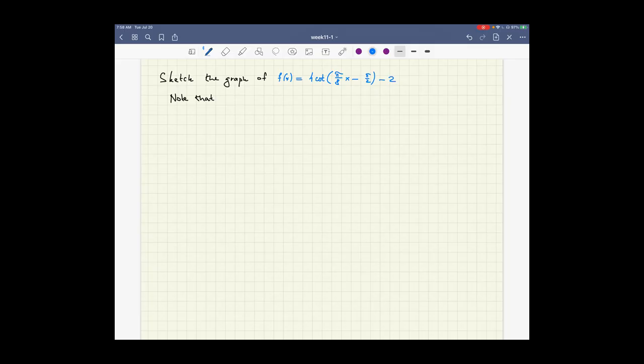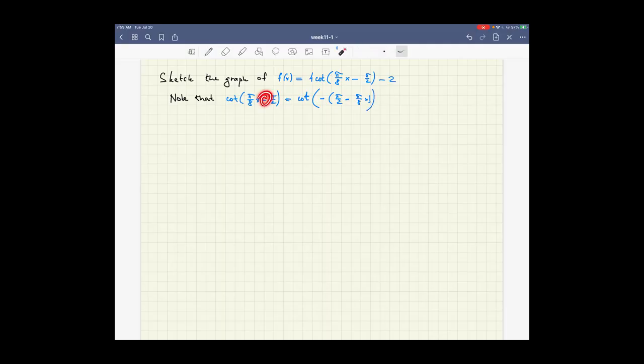And note that cotangent of pi over 8 x minus pi over 2 actually is cotangent of negative pi over 2 minus pi over 8 x.